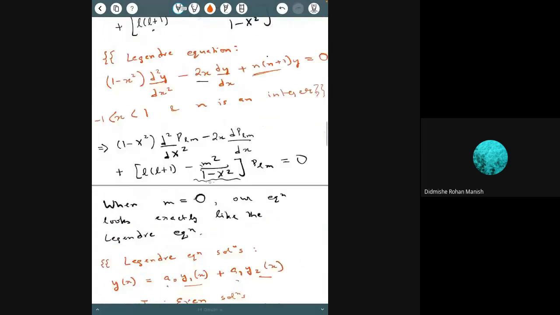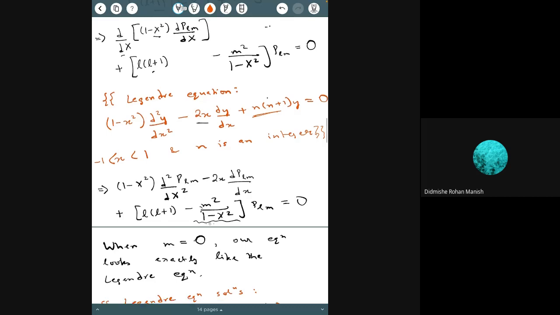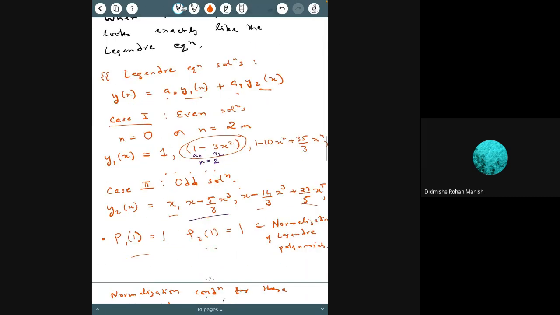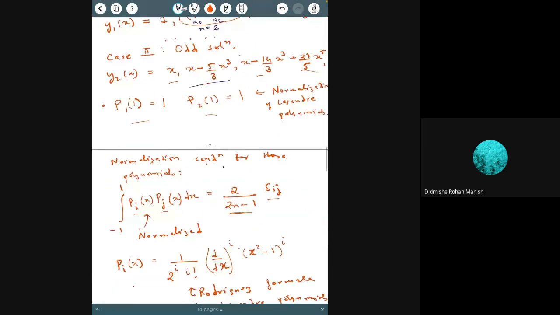Okay, one minute. So if I take n into n plus 1, then my first one is n equal to 0, I guess. So then it should be plus 1.